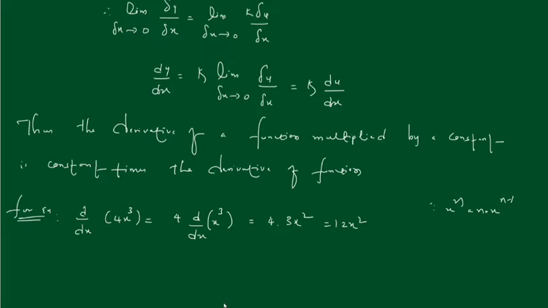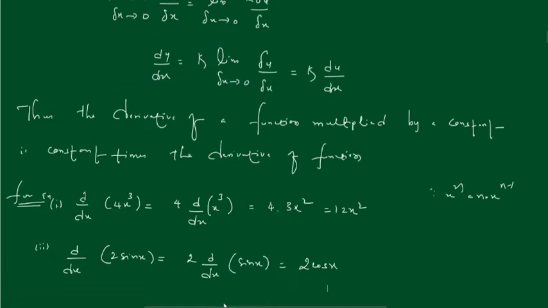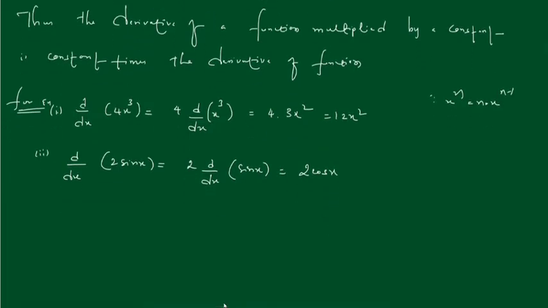Similarly, second one, d by dx of 2 sin x is 2 d by dx of sin x, which is equal to 2 cos x.